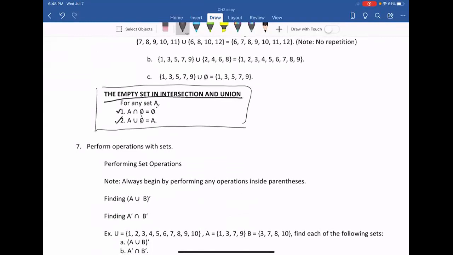Okay, the first one, A intersects phi equals phi because they have nothing in common. Second one, A union phi equals A because there is nothing in the empty set. So the union should just be A.